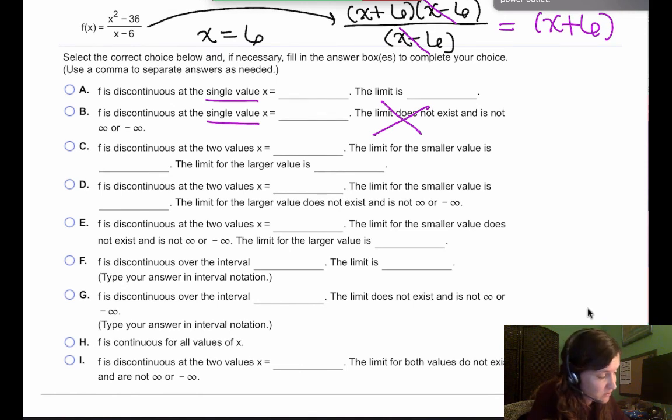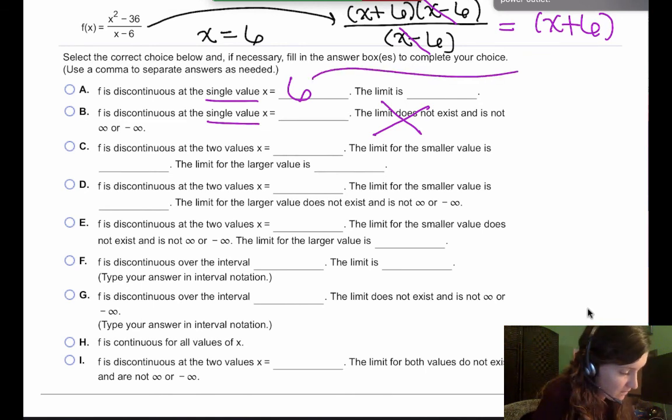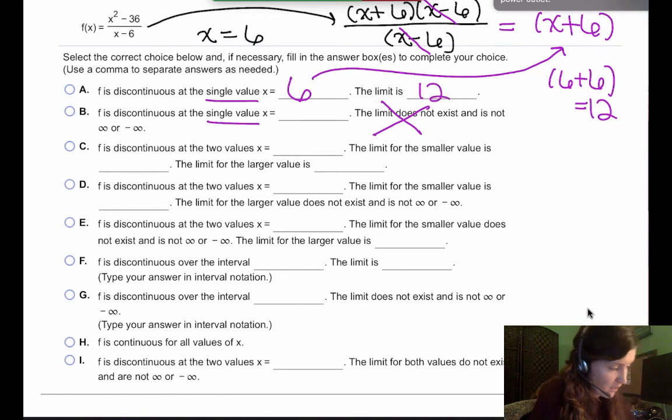So it's discontinuous at 6, and the limit is, well, we talked about from the last section that to find the limit, we just go and plug it back in once we simplify it. So we can go ahead and plug that point in. So it's 6 plus 6. And so in this case, the answer is 12.